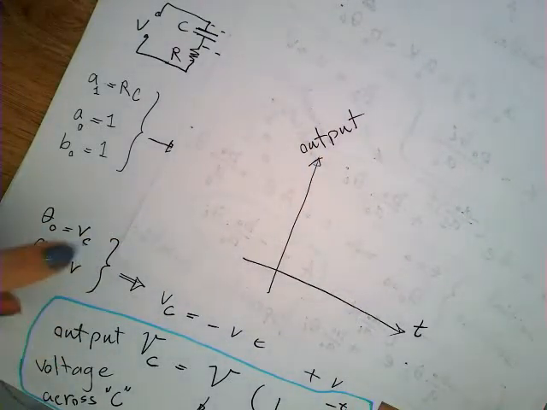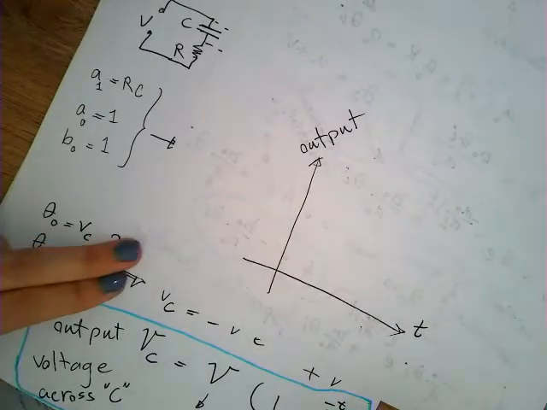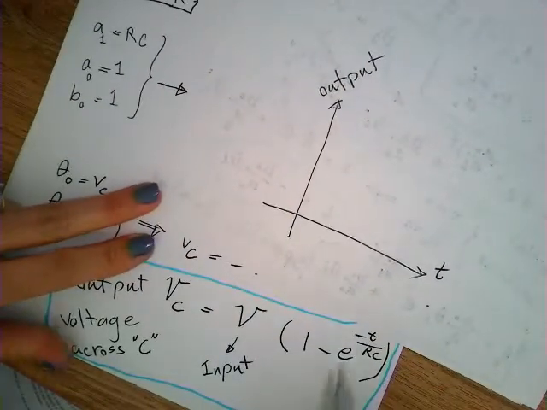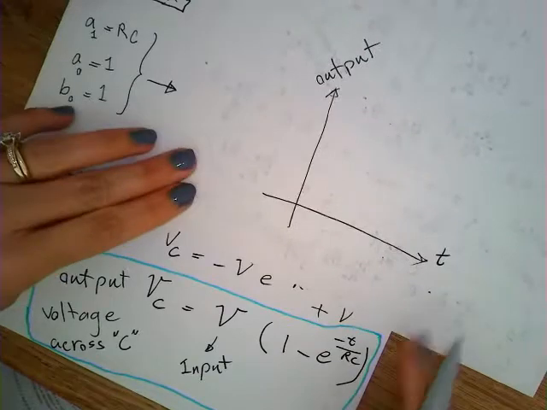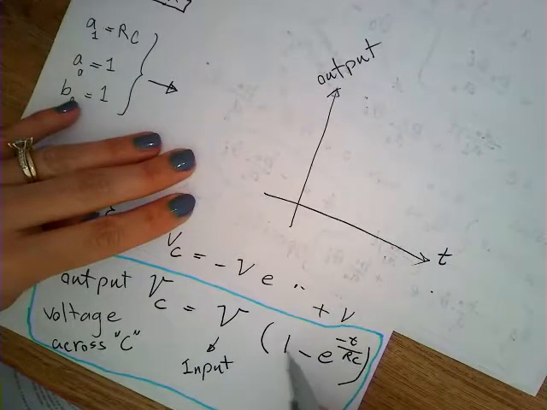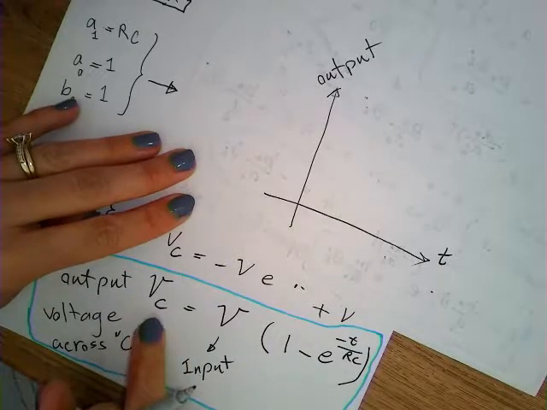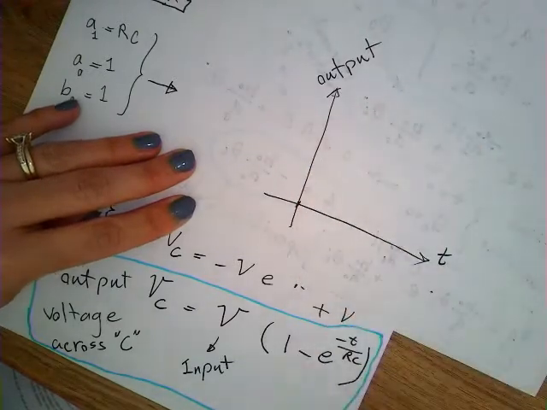So at time 0, we have nothing. That will give me 0 here when I put t equal to 0 in this equation. That will be exponential of 0. It will be 1. 1 minus 1, 0. 0 multiplied by V, my VC will be 0. So I'm starting from 0 here.